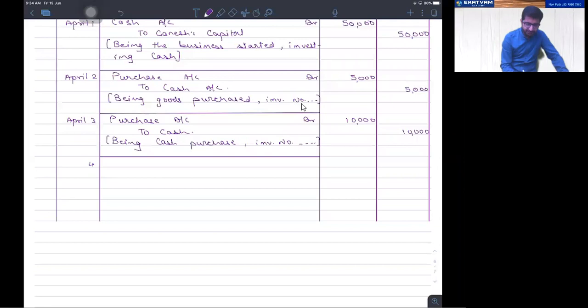So April 4th, purchase account debit 15,000 to cash account 15,000, being cash purchases from Sun.